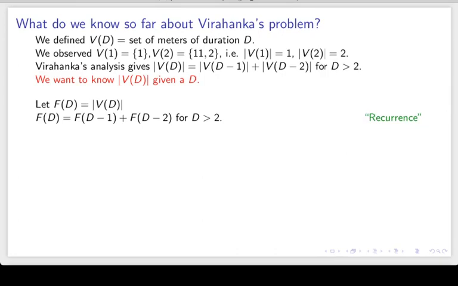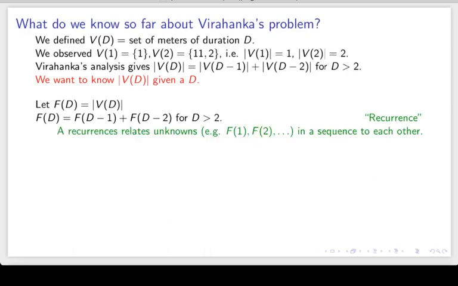Something like this is called a recurrence. So what is a recurrence? Here f of d minus 1, f of d minus 2, for all values of d, say starting at 1. These f1, f2, f3 are unknowns, and this is an equation which is relating this whole set of unknowns.